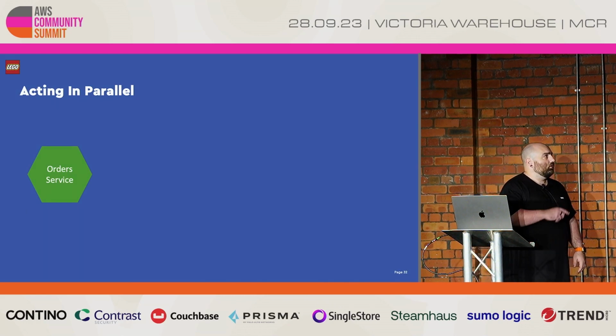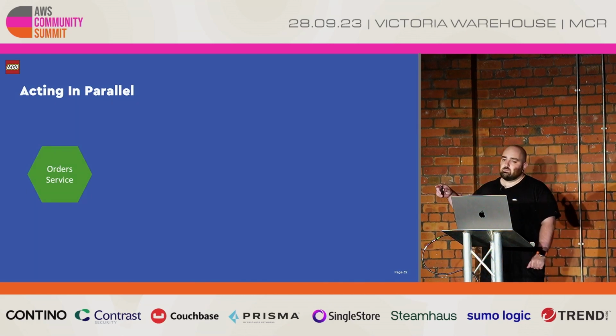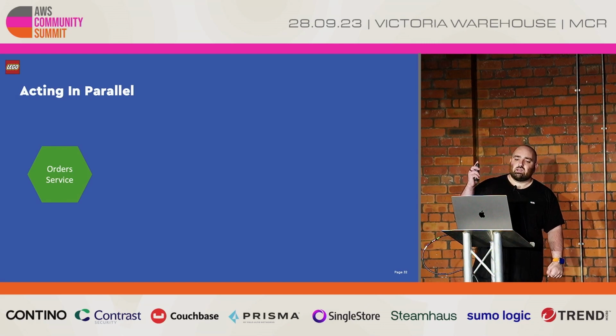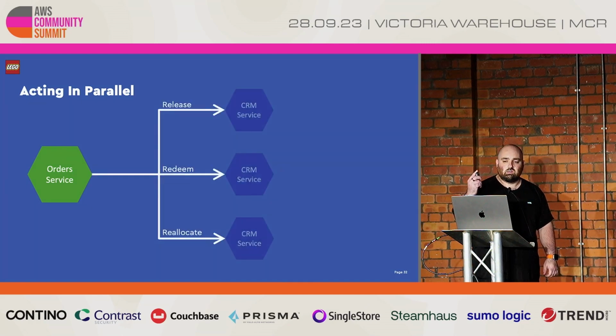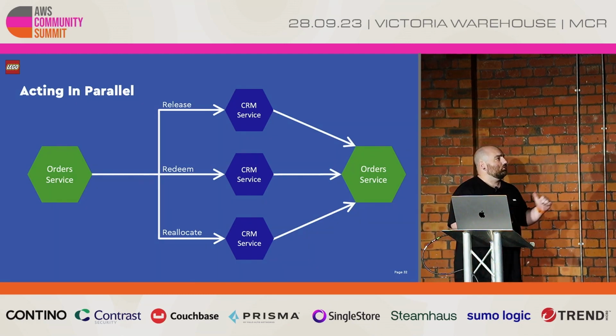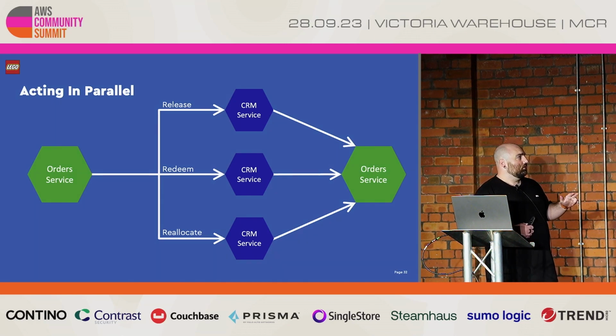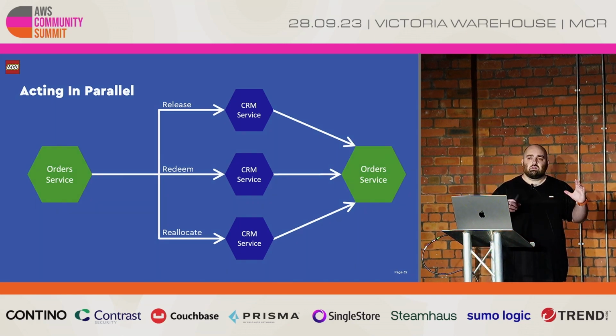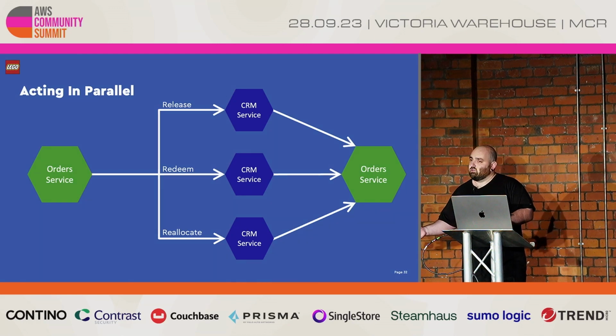Another thing that we're able to do within the step function that is really great is we can act in parallel. So what we have here is this orders service that can run these three things at the same time: the release, the redeem, and the reallocate, that's handled when looking at the rewards that we may have on the order.